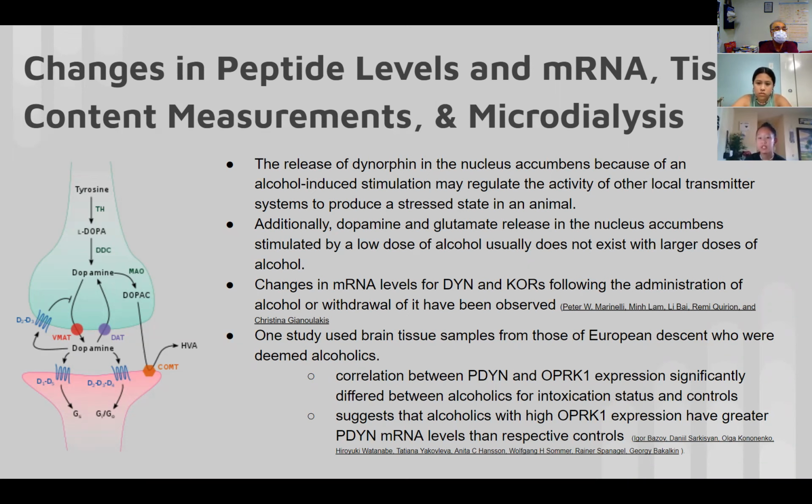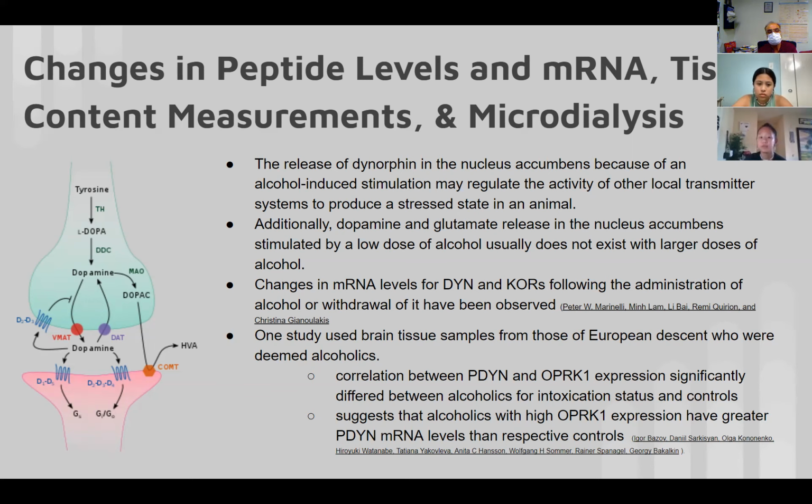One study used brain tissue samples from those of European descent who were deemed alcoholics. Linear regression models were constructed using statistical analysis from the data found in the study. And the correlation between prodynorphin and OPRK1 expressions significantly differed between alcoholics for intoxication status and their controls.